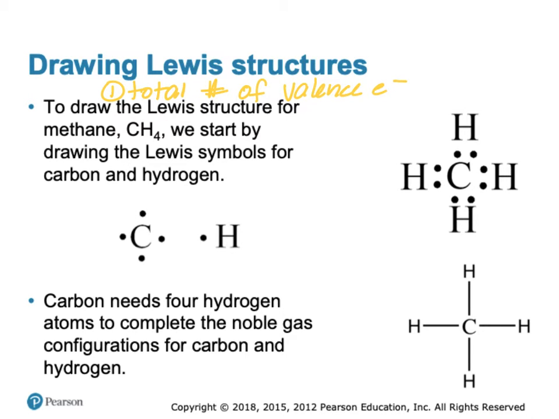All right, so for carbon, it is group 4A. There are 4 valence electrons. For hydrogen, it is group 1A. There's 1 valence electron, but we have 4 of them. So we need a total of 8 valence electrons.